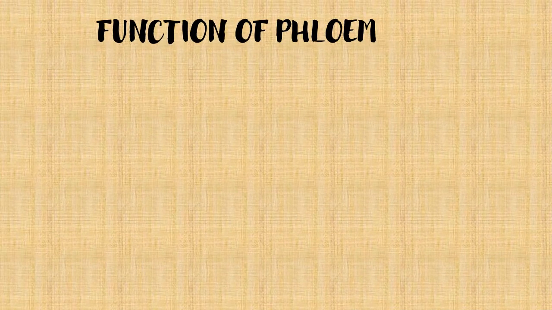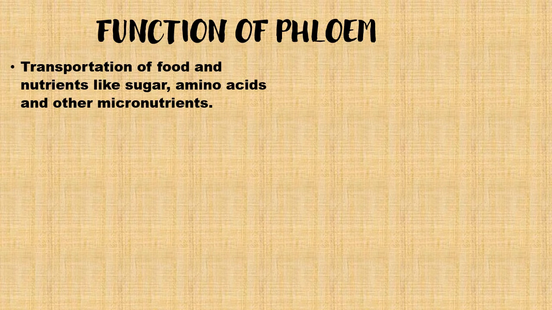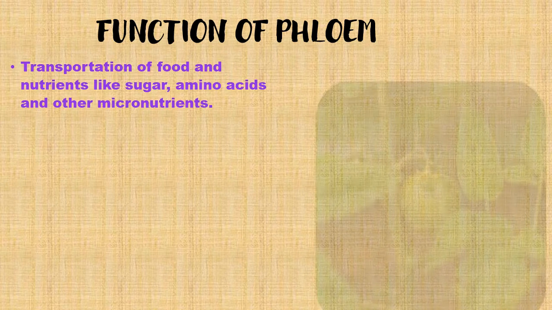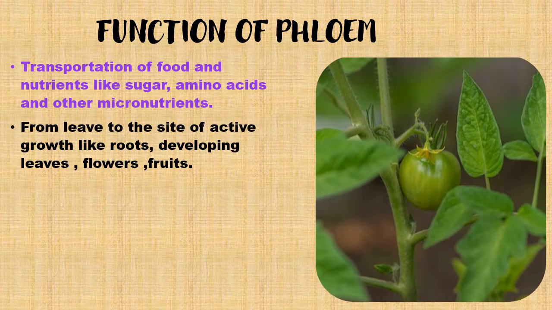Function of the phloem. We know that the major function of phloem is transportation of food and nutrients like sugars, amino acids, different kinds of hormones and micronutrients. It transports from the leaf to different parts of the plant where growth is taking place.